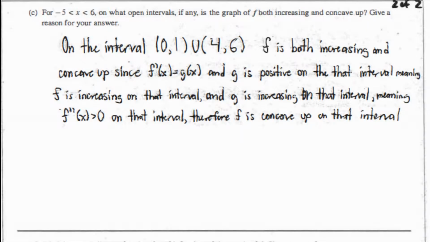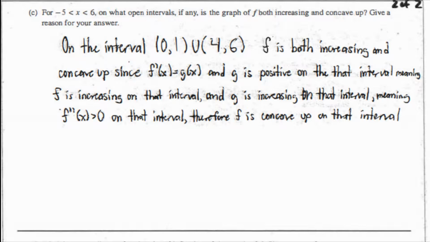So this student wrote, on the intervals (0, 1) and (4, 6), f is both increasing and concave up, since f prime of x equals g of x, and g is positive on that interval, meaning f is increasing on that interval, and g is increasing on that interval, meaning f double prime of x is greater than 0 on that interval. Therefore, f is concave up on that interval.